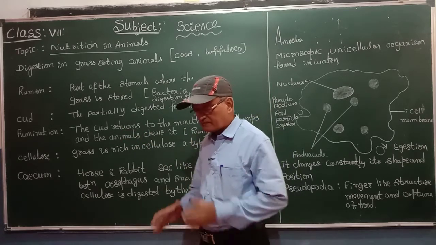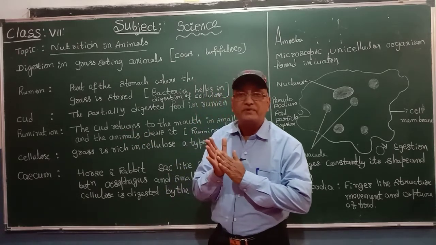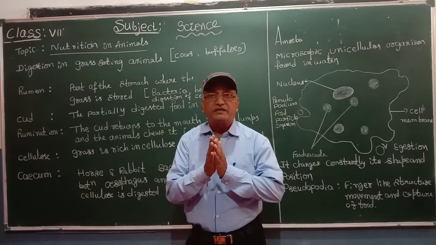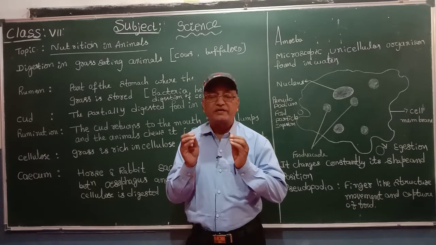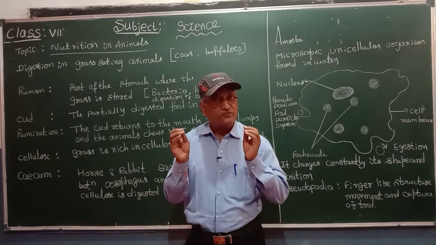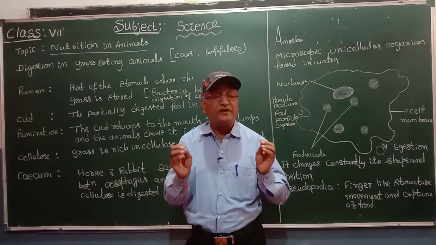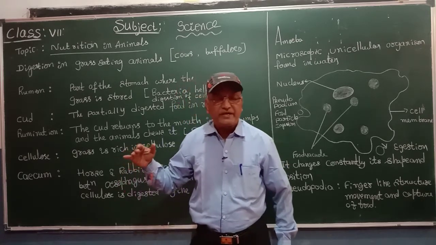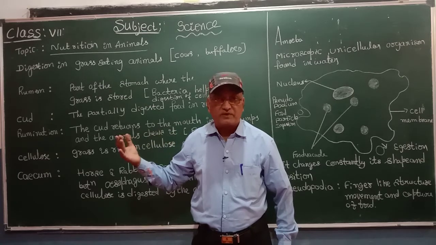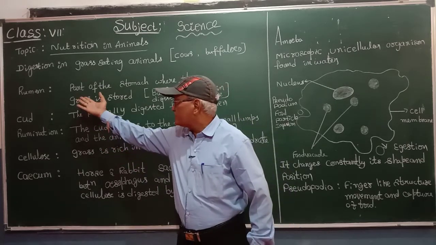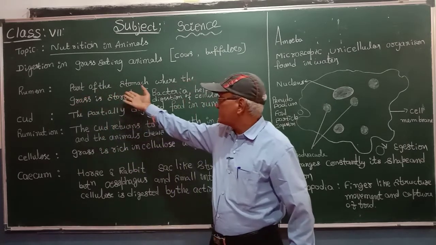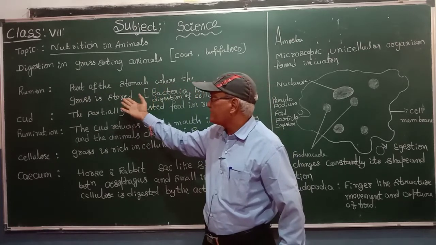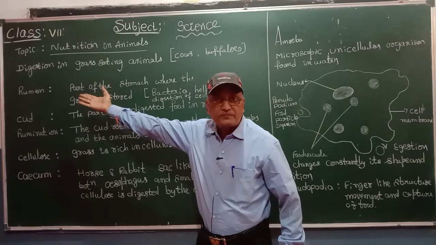What I said, grass eating animals like cows, buffaloes eat the food continuously when they are in the fields. That food will be digested afterwards, because what they eat continuously is stored in the part of the stomach we call rumen.